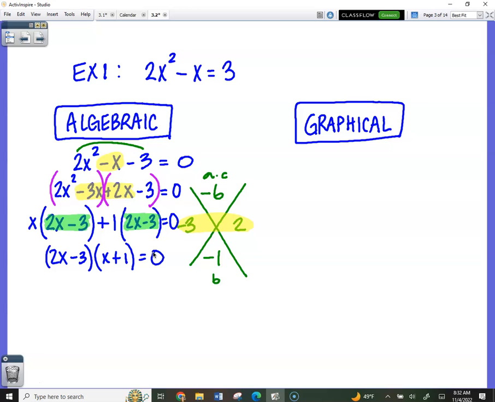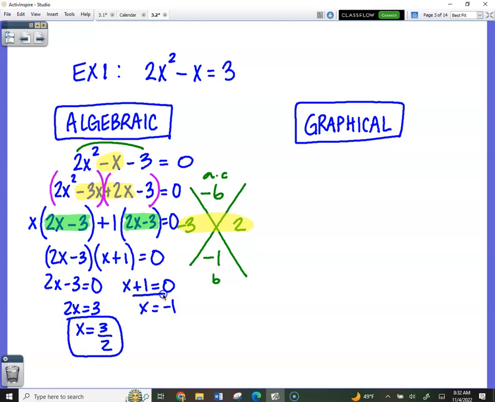So you just set them both equal to 0 and solve. Add 3, divide by 2, subtract 1. So the answers are 3/2 and -1.